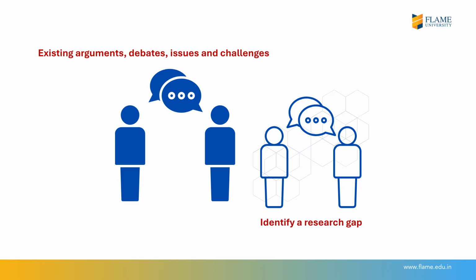Engage more with qualitative research to understand the existing arguments, debates, issues, and challenges, and then to situate the research study. Identify a research gap or situate other studies as partial or studied from other methodologies. A knowledge gap helps in justifying the necessity for a research in advancing knowledge.